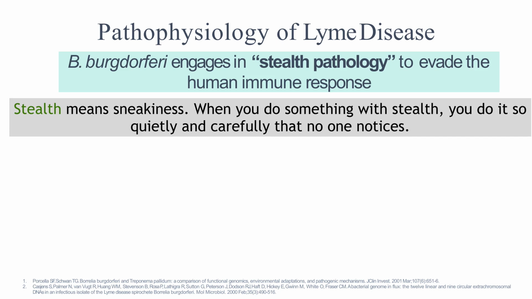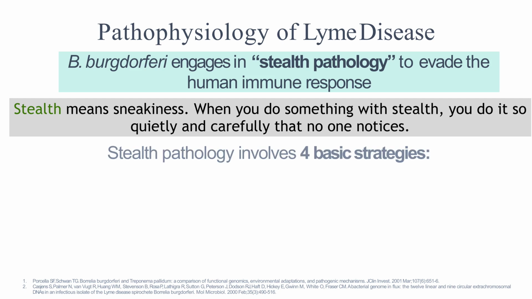When you do something with stealth, you do it so quietly and carefully that no one notices, and then all of a sudden the body's a mess. And doesn't that just sound so typical with so many of the Lyme cases? It really is something to take your hat off to, how these little creatures are able to get into our body and just disrupt the immune system in this way.